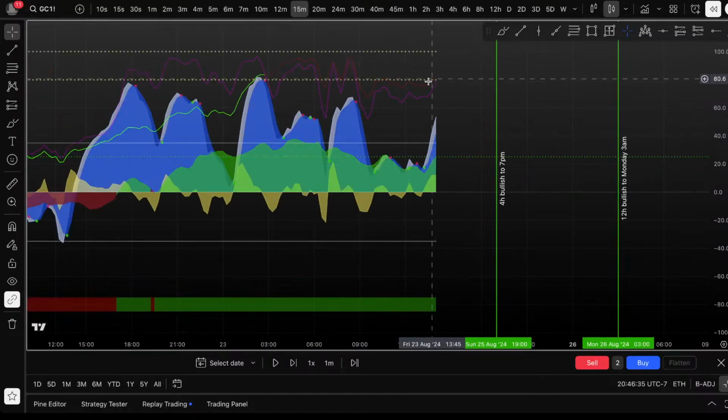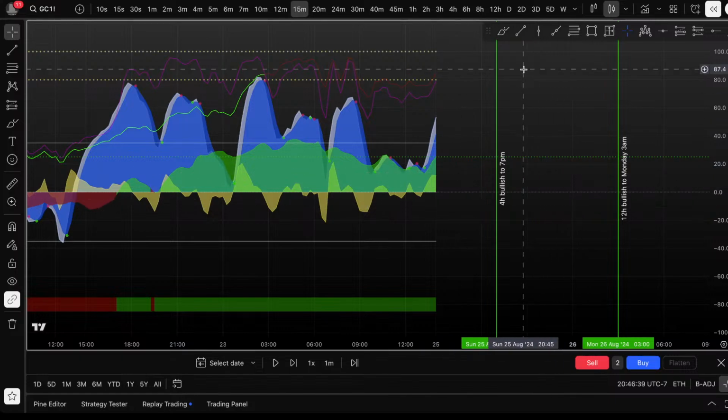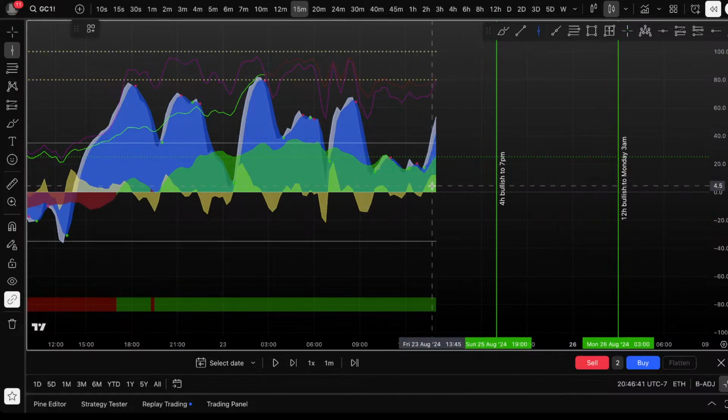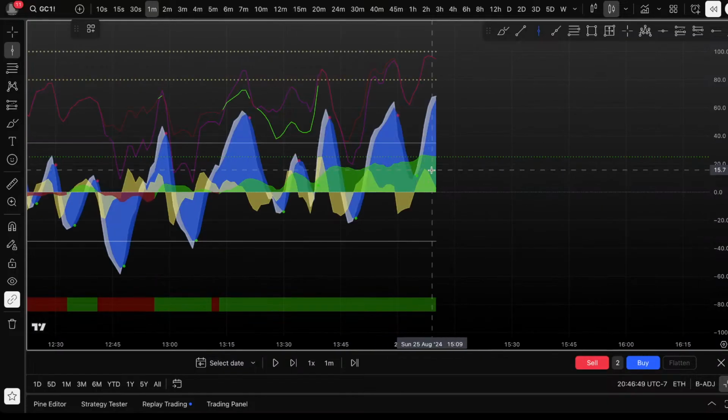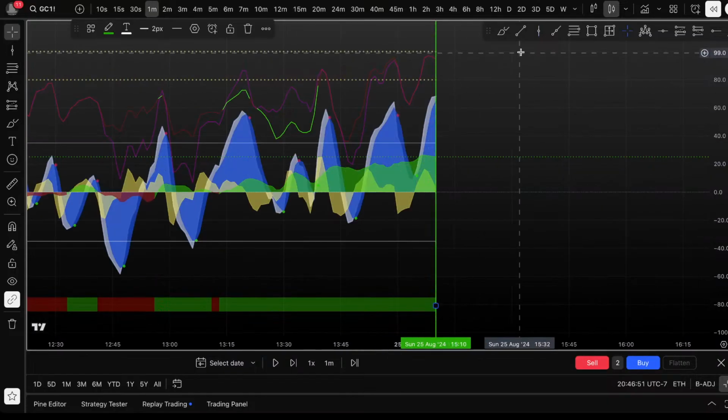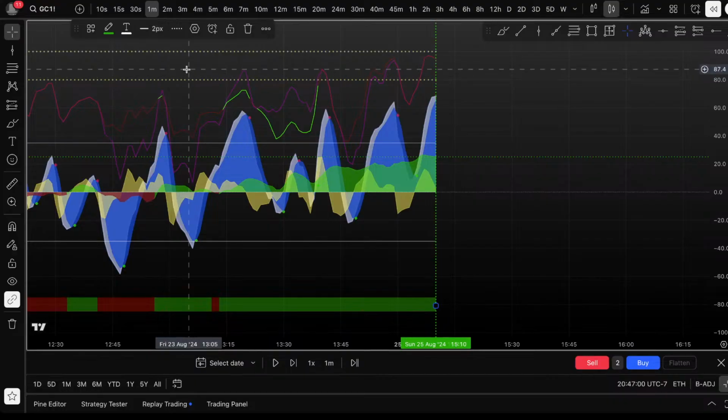My 15, I like what I see. We're going in. I'm not second guessing this again. 5 minute, 1 minute. We're entering here. I expect a little turbulence and then a pump.